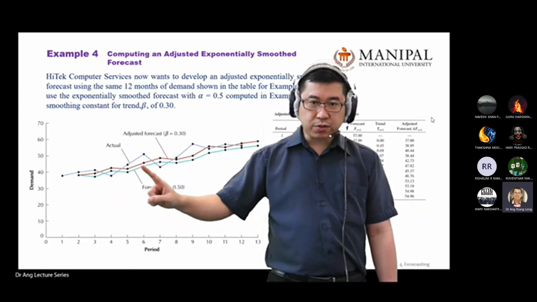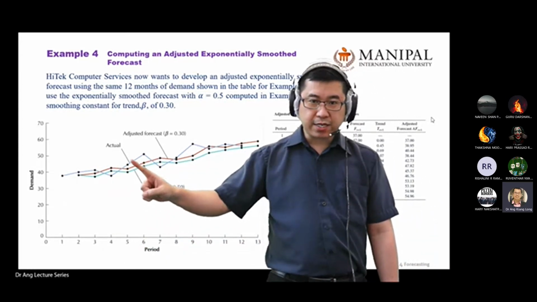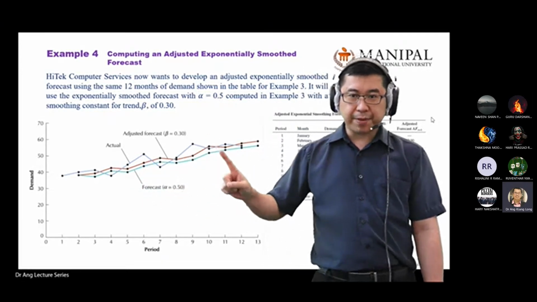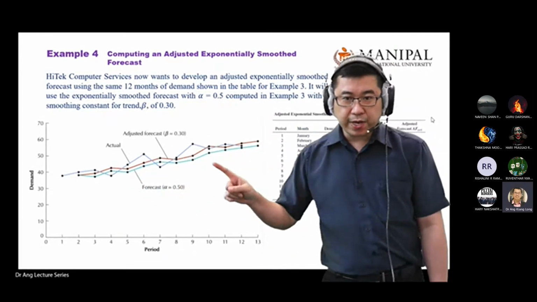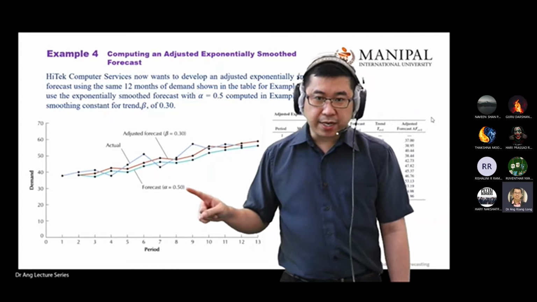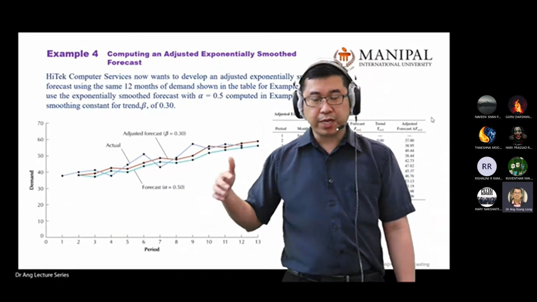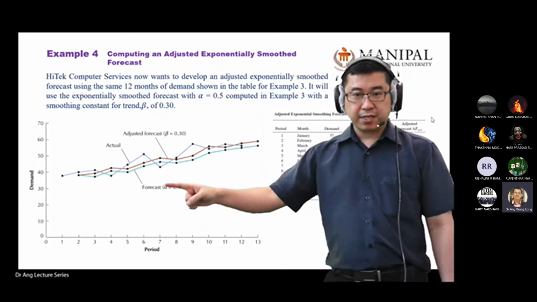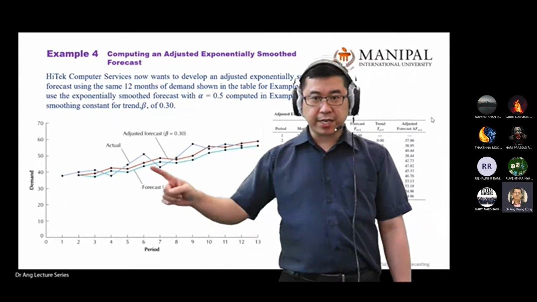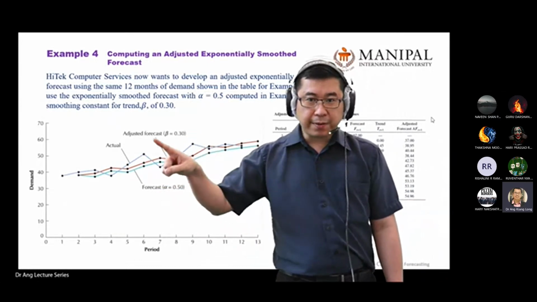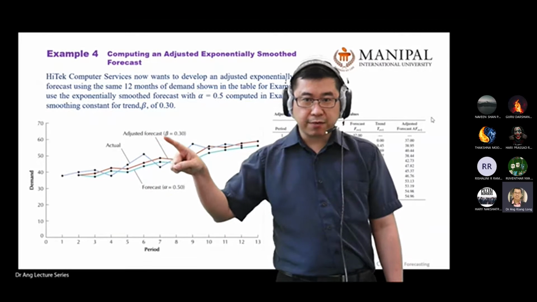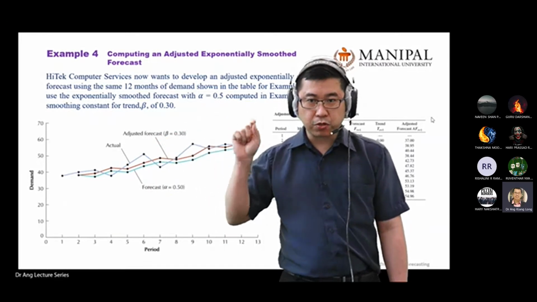First is the actual one, the blue one going up and down. Then you have the forecast with alpha 0.5, which we plotted previously, so we just copy the same trend inside here. And you see what happened if you use the adjusted forecast with beta 0.3.